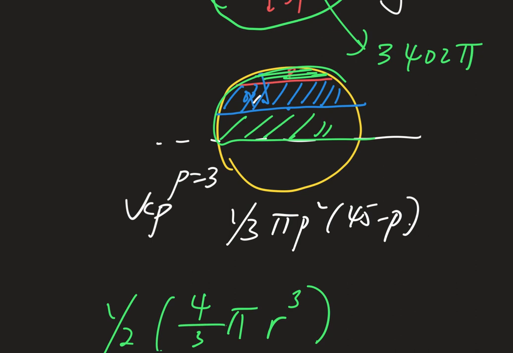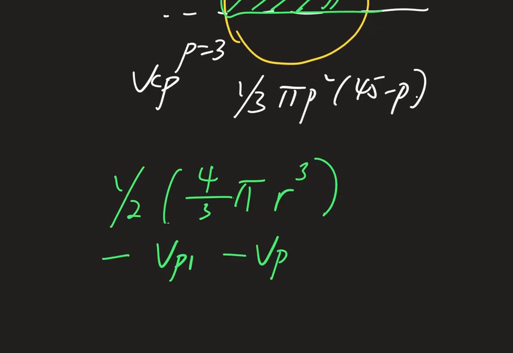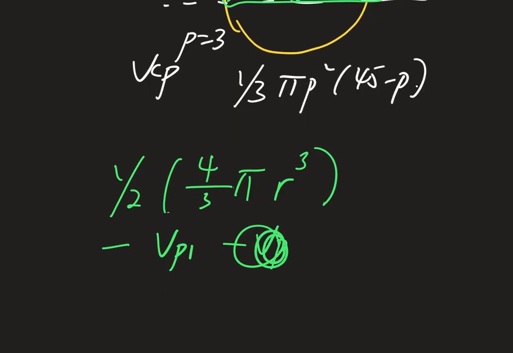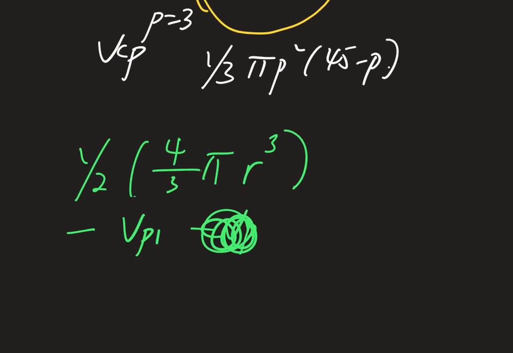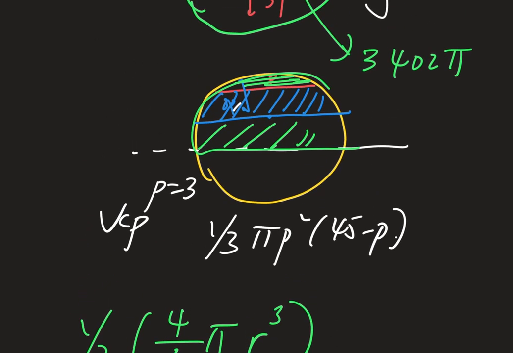Oh no, it's not minus. So minus V cap 1 is a cap, so it is not cap volume. So it's minus of, correct. So this volume is what?